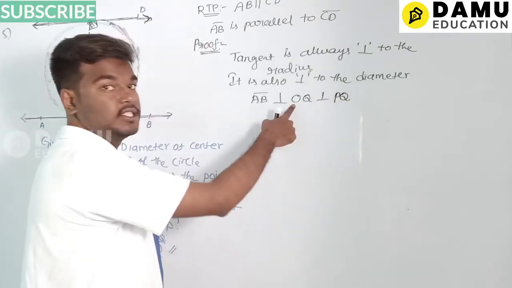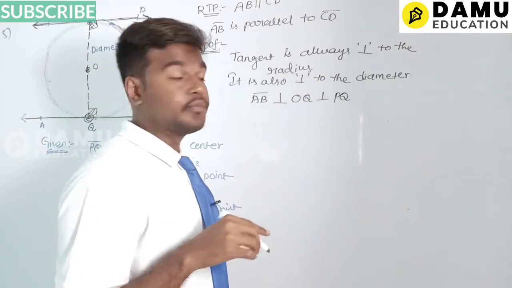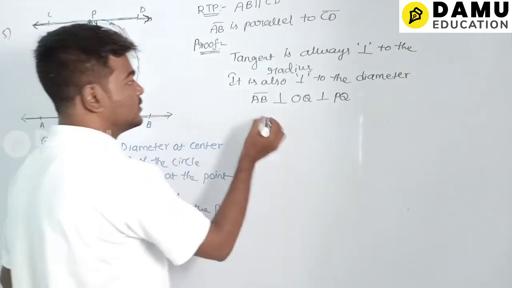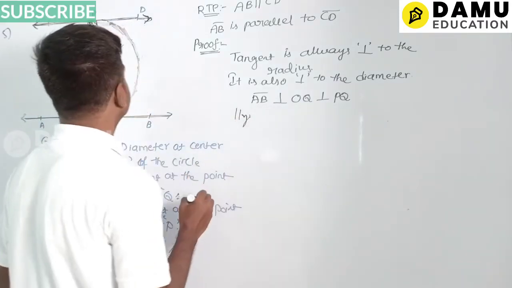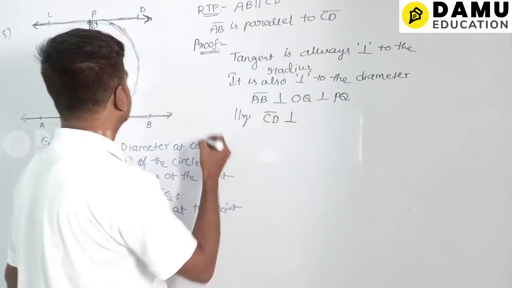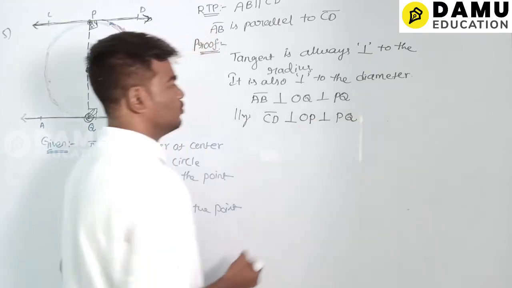So here we considered the radius, here we considered the diameter. So don't get confused. Similarly, CD is also a tangent to the radius OP, and that is also perpendicular to PQ.